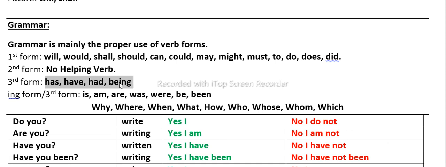Being is never a first helping verb, so it needs one helping verb before it. I will talk about it later. In the next line, we are going to ing form. So these words are always followed by third form. Being is used in passive sentences.